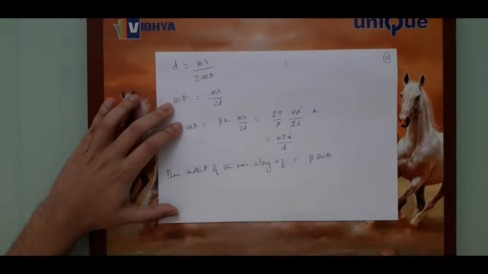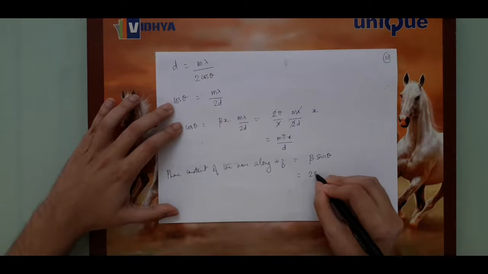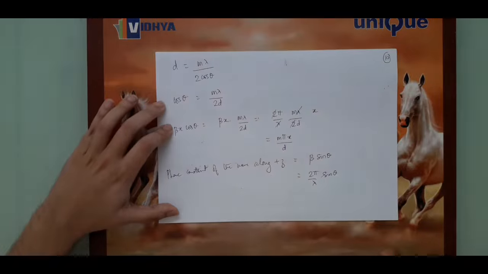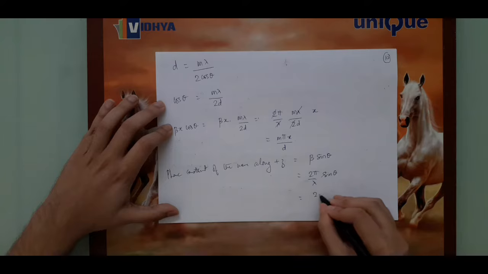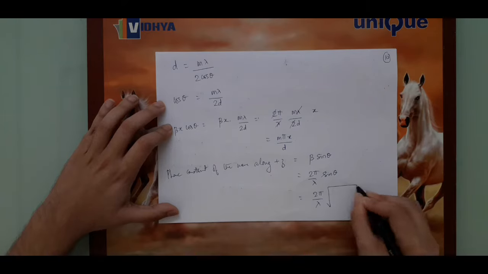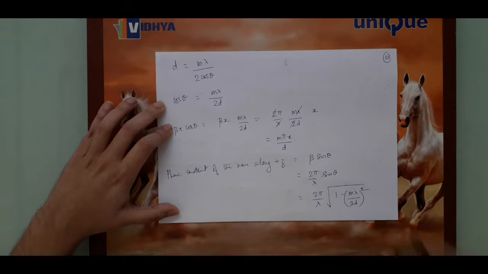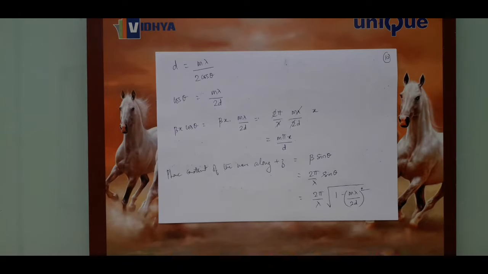So that is nothing but 2 pi by lambda times sine theta. We already know cos theta, so we can find out sine theta as the square root of 1 minus cos square theta, or this 1 minus m lambda by 2d square. Yes. So this is what is the phase constant.